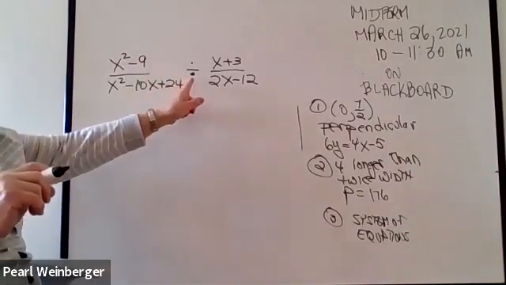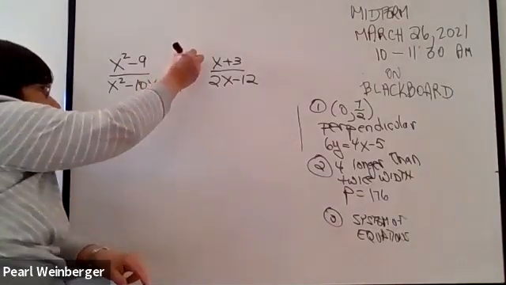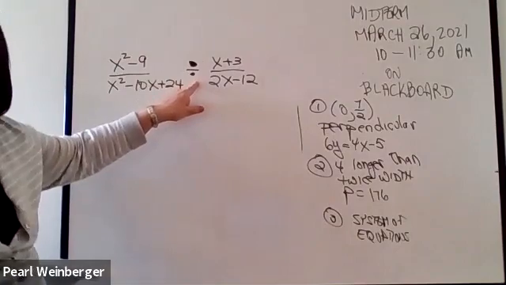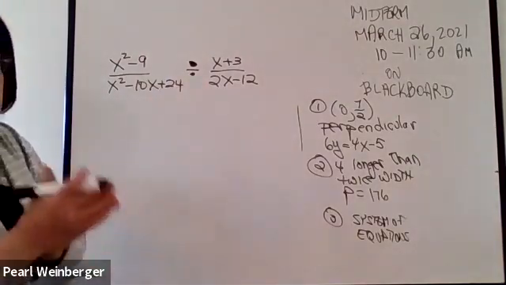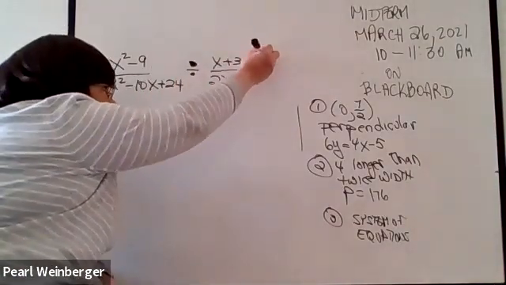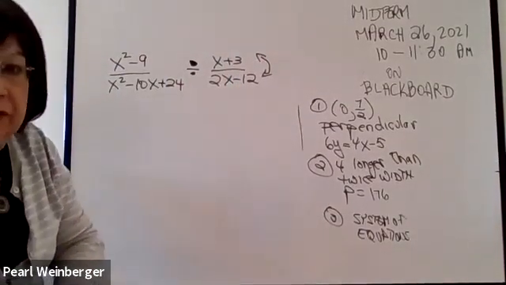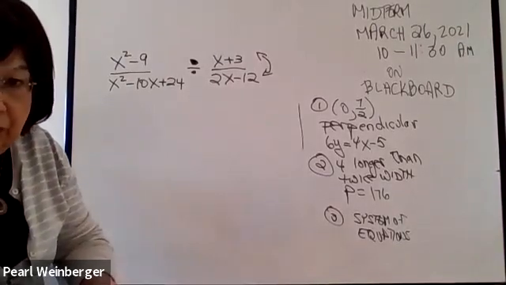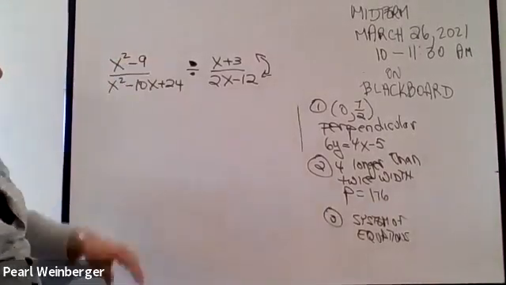My first step, there are 2 first steps. First of all, I know this is a division problem. And when we're doing division with fractions, the easiest way is just to flip the second fraction. Take the reciprocal of your second fraction, and then you just have a multiplication problem. So let me rewrite it.